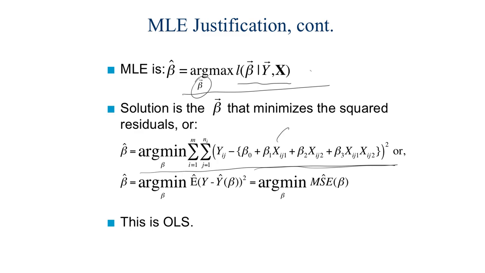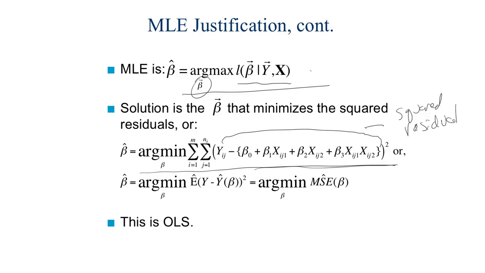I'm minimizing... Oh, it's just right here. Never mind. This thing is a squared residual. It's the observed minus the predicted based on whatever betas you're trying out, squared.